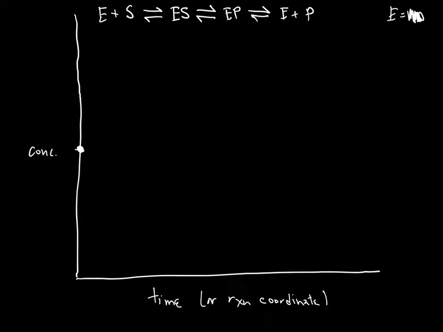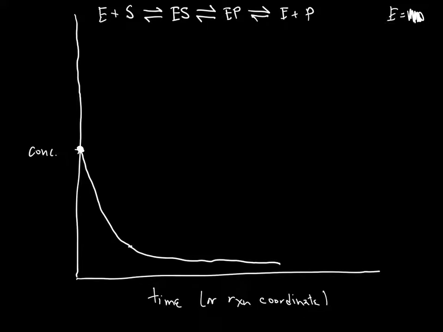What's going to happen as time goes by? Is the concentration of free enzyme going to increase or decrease when it goes to bind substrate? It decreases. And it doesn't really matter so much what the rate is right here. You'll never get all the way to 0.